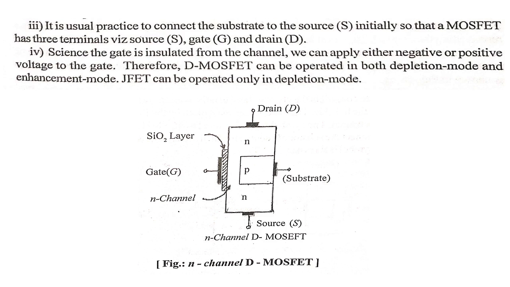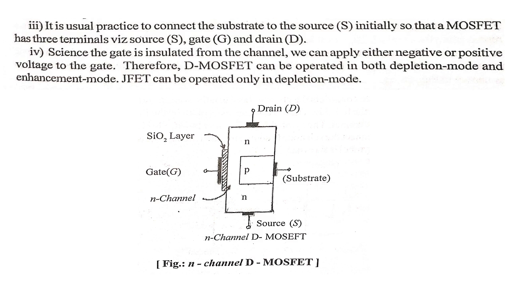But there is no direct connection between this N channel and the gate terminal, and the gate terminal is isolated from the channel using an SiO2 layer. This gate terminal is isolated from the channel using this insulating material, that is the SiO2 layer as shown in figure.